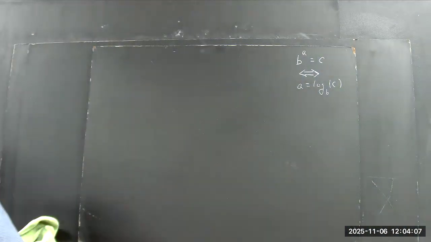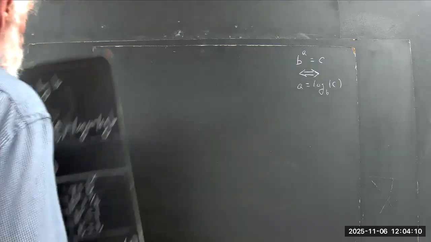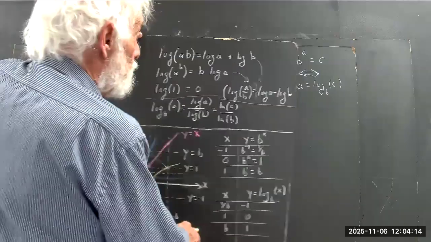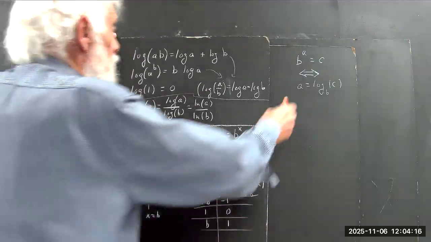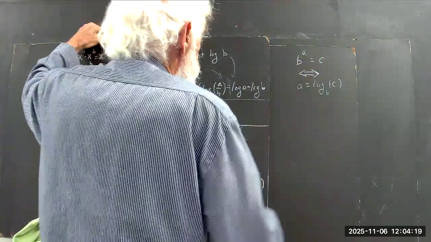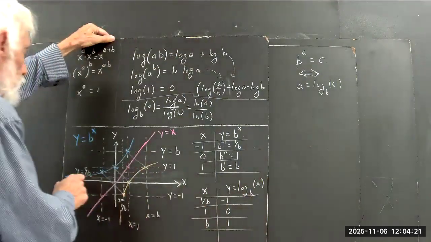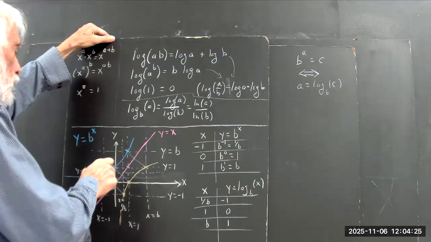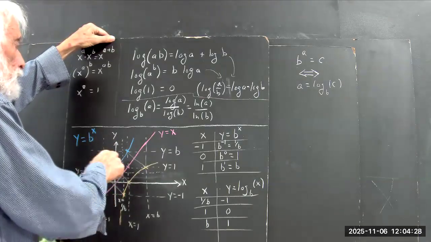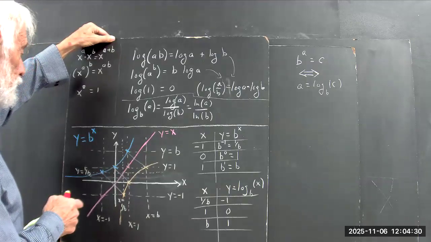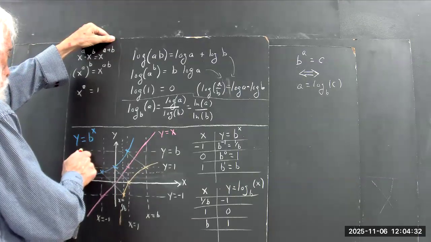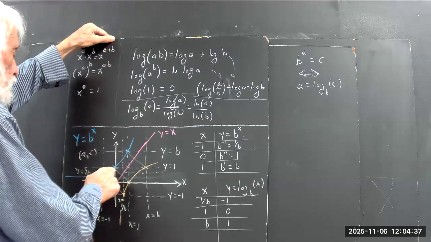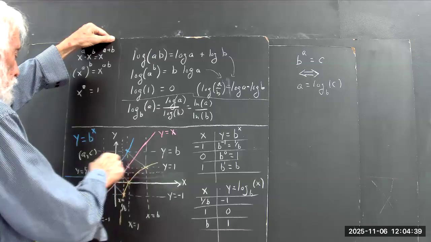There is an important equivalence that results from this picture. Okay. b^A = C means that on the graph of y = b^x, the point where x equals A corresponds to the point where y equals C. So let's just say that (A, C) might be a point somewhere on this graph.